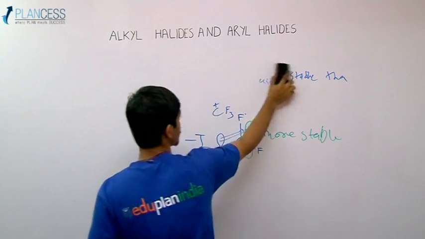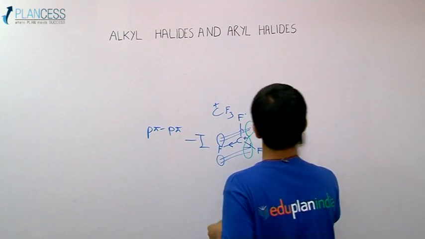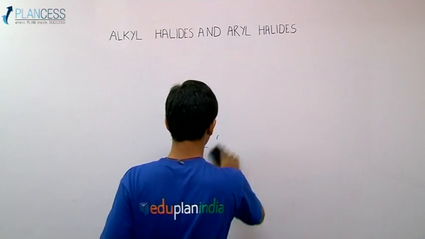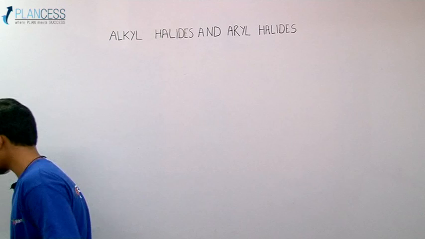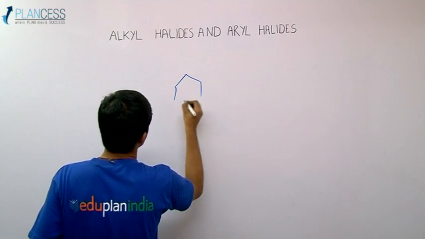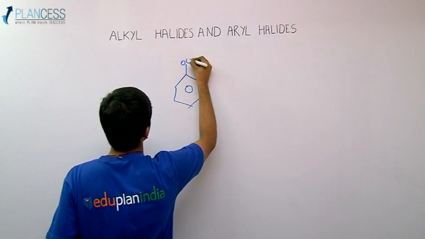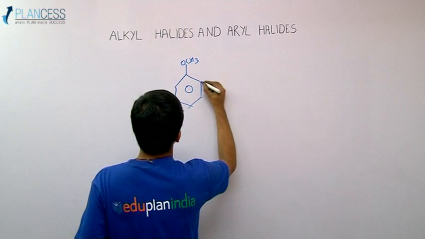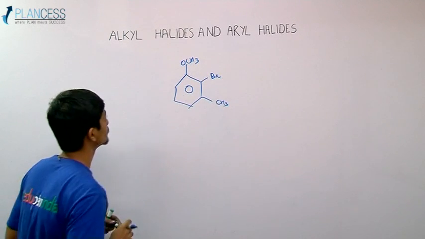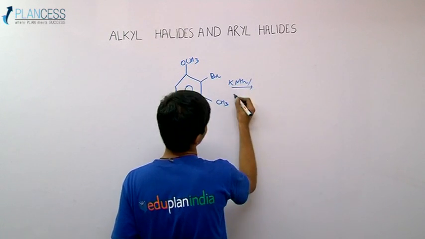So let us now see another question, which is based on nucleophilic aromatic substitution. I am giving you the clue now itself so that you don't complain later. The question is, there is a benzene ring, we have OCH3, we have bromine, we have CH3, and this is treated with KNH2 in liquid ammonia.